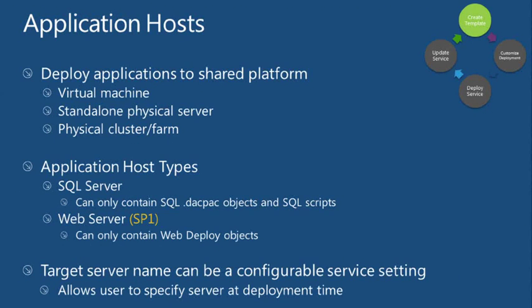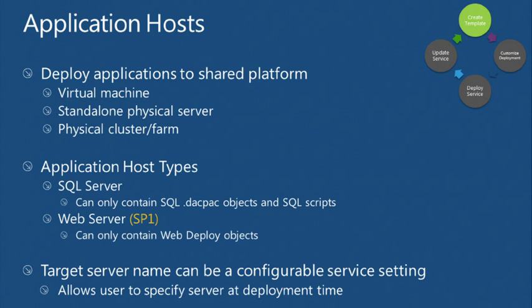Now, when we talk about SQL in particular, when we spoke with lots of customers, what they said to us was, it's great to be able to provision SQL servers, and it's great to be able to deploy SQL databases, right, DAC packs, but it turns out that I don't actually deploy a SQL server for each of my applications. Rather, I have maybe a big SQL cluster in production, and I use that to host tens, if not hundreds, of databases for multiple applications. So what we did was we built another object type called an application host.